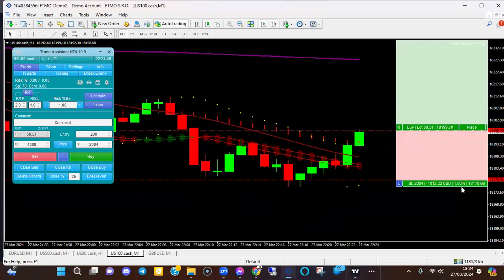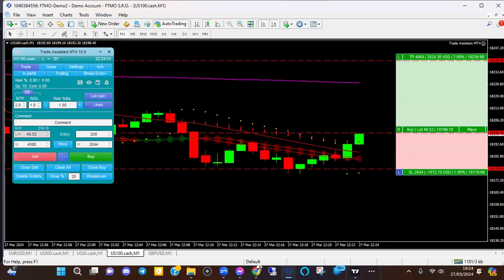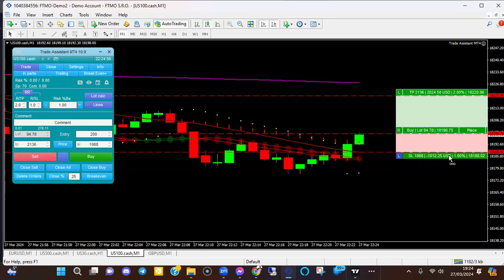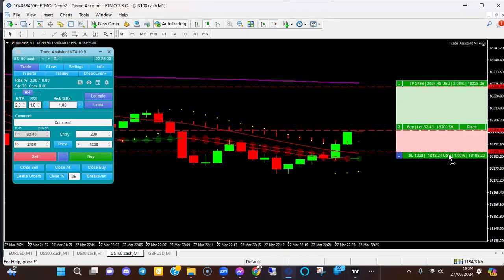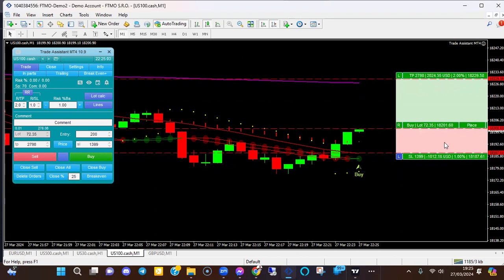So we'll move that along. The stop loss will be at the trend line.